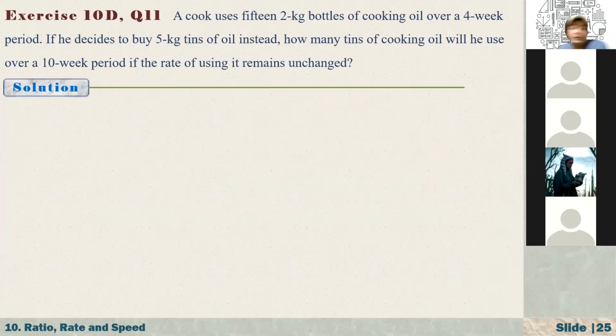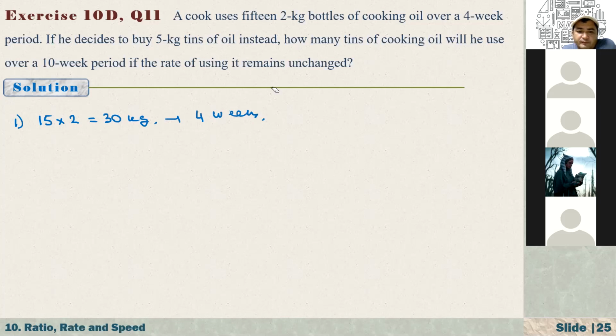Yes. A cook uses 15 2 kg bottles of cooking oil over a 4-week period. So that means it is 15 times 2 kg, which is equal to 30 kg, right? And over how many weeks? 4 weeks.